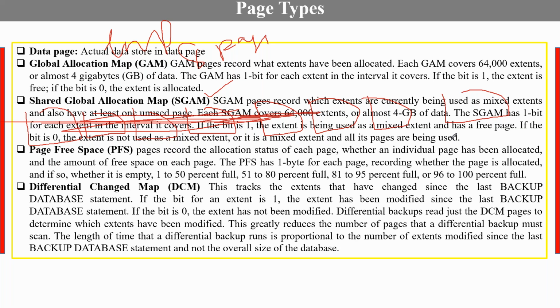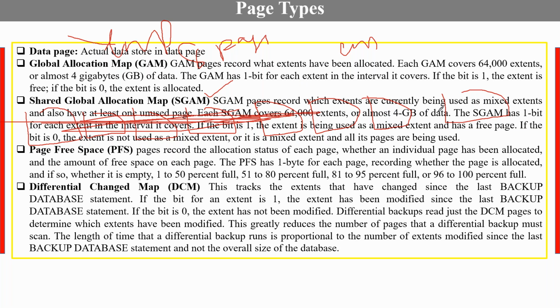So SGAM contains whether this extent is completely consumed with the data or whether this extent is having any free space. For example, today you inserted 100 records, tomorrow you are inserting 50 more records. It will insert in these data pages, so you don't need to create one more extent.